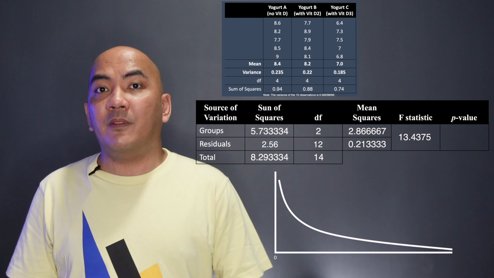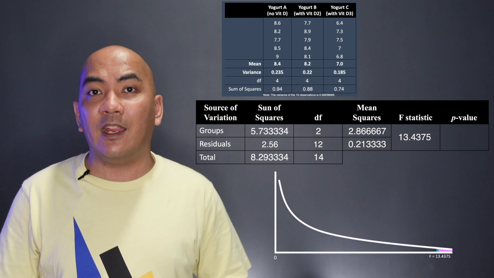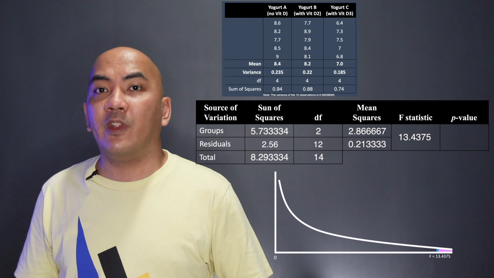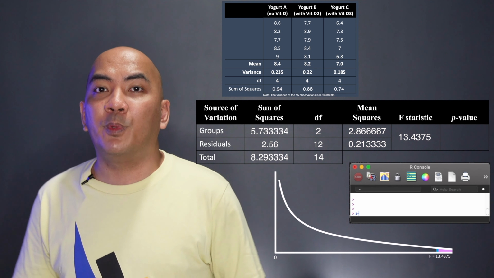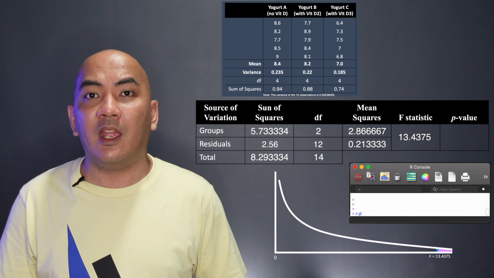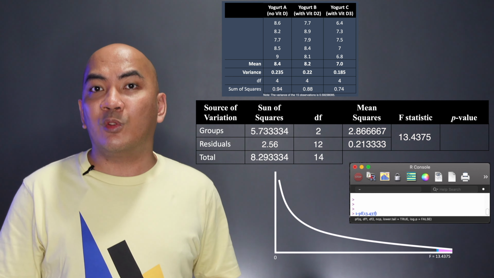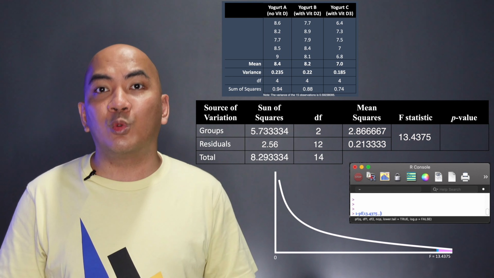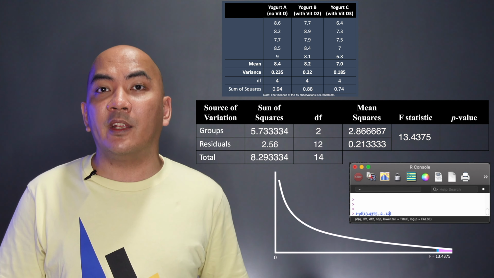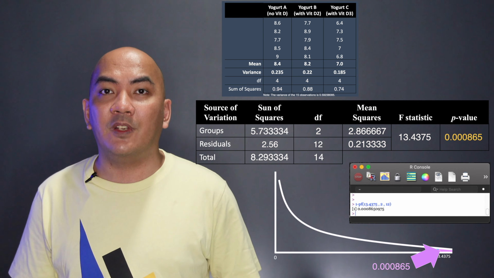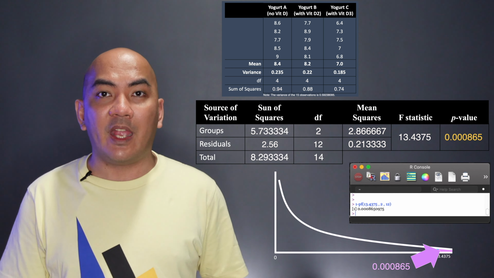So in getting the p-value of 13.4375, we just have to get the area to the right of F equals 13.4375. In R, we may compute that using 1 minus pf, and then 13.4375, and then the 2 degrees of freedom, which are 2 and 12, the degrees of freedom of the numerator and the denominator respectively. So the p-value is 0.000865.